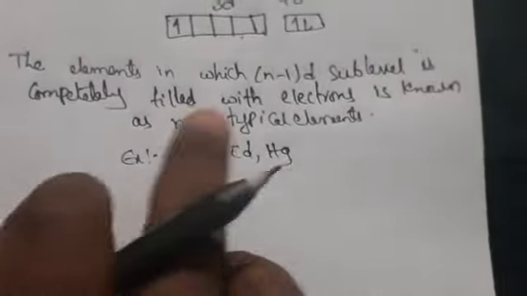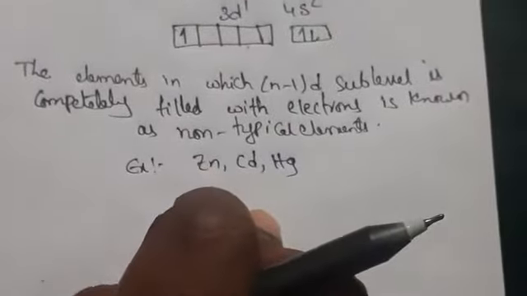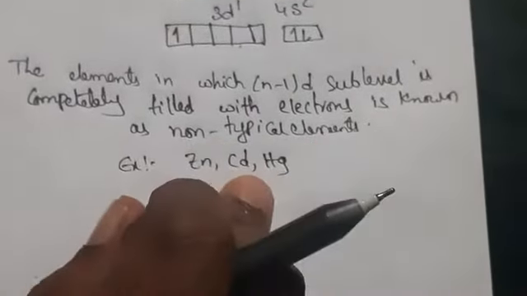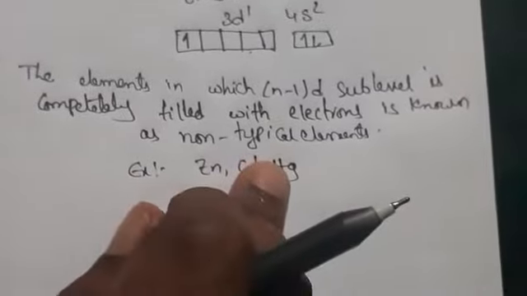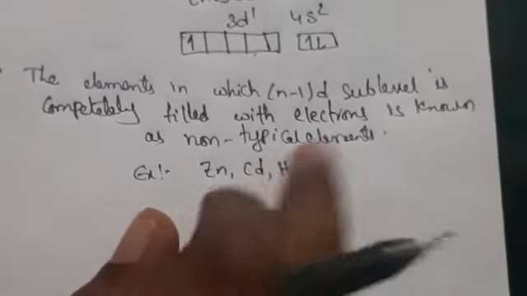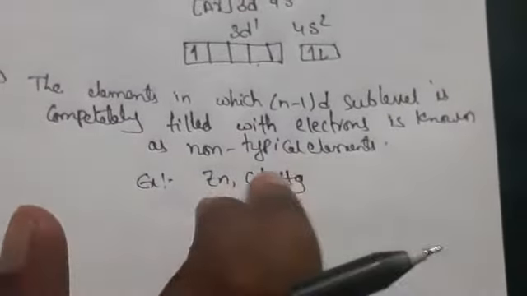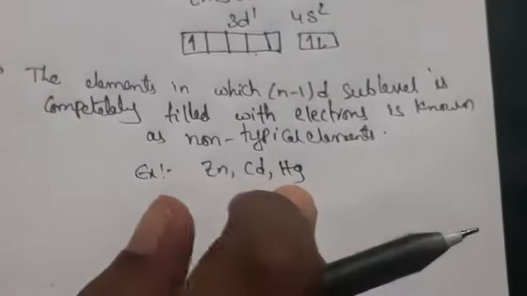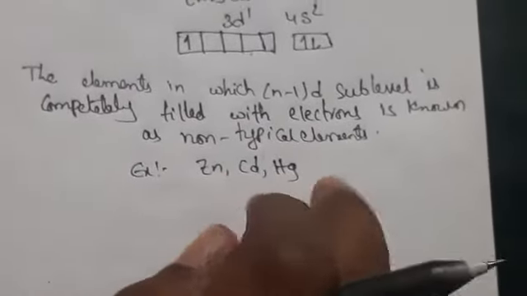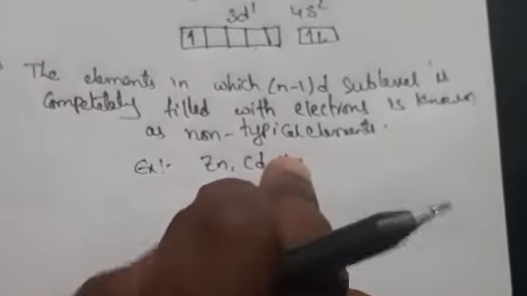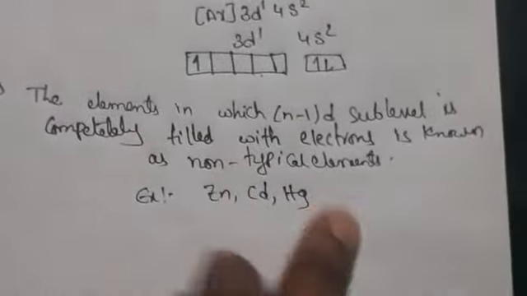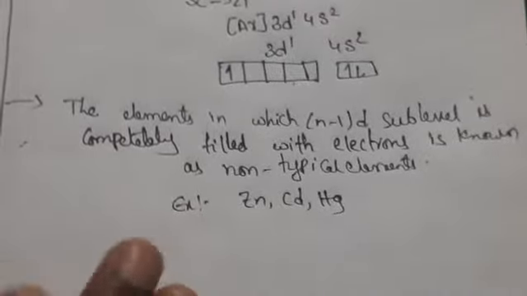Otherwise there is no need to consider them D block elements, because these are completely filled elements and they show octet configuration. So we should not consider these three elements as D block elements, but we do because they show similar properties with D block elements.